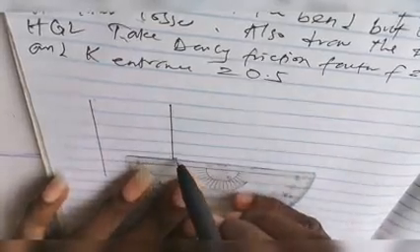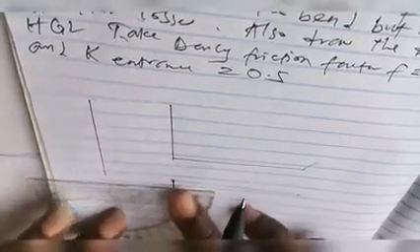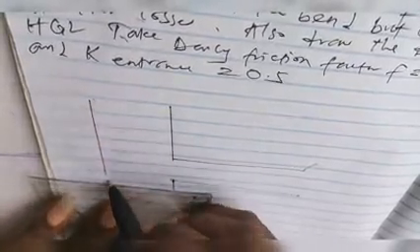We can simply have this to be the pipeline. Let me make it faint, because of a particular condition that was given in the question. So I'll make that pipeline faint, but this is our reservoir. All right, so just a rough sketch.